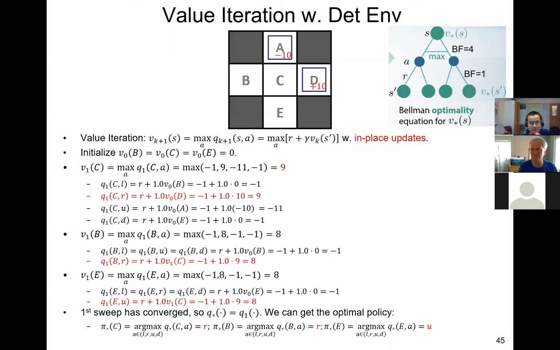But you can try one more step and show that it has converged. So now the last step in value iteration is to get the optimal policy by taking the argmax, which is the policy we expect.